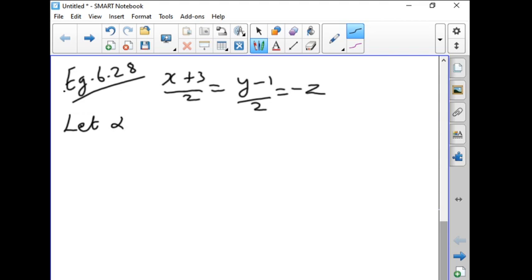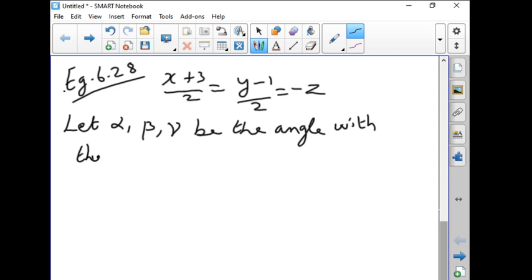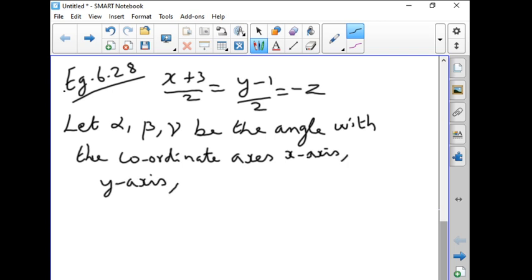So let alpha, beta, gamma be the angles with the coordinate axes. So what are the coordinate axes? The x axis, y axis and z axis. So alpha for the x axis, beta for the y axis and gamma for the z axis respectively.